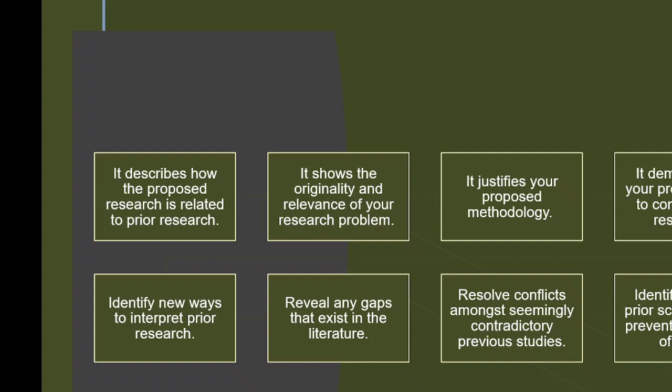So there are a number of important points regarding literature review. Here you can see that it describes how the proposed research is related to the prior research. As I already told you, you are going to study something, whether it can be butterflies, birds or anything, and you want to know how your work is going to be important. For example, you want to study butterflies, and when you check, you see that about 50 species of butterflies are already known from the Koravalangal area.